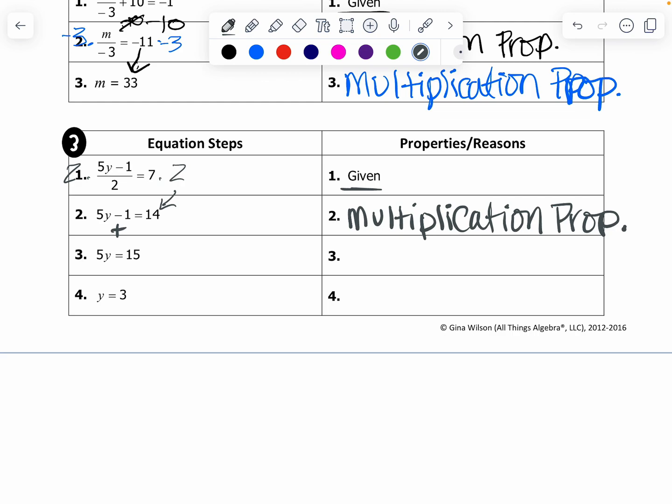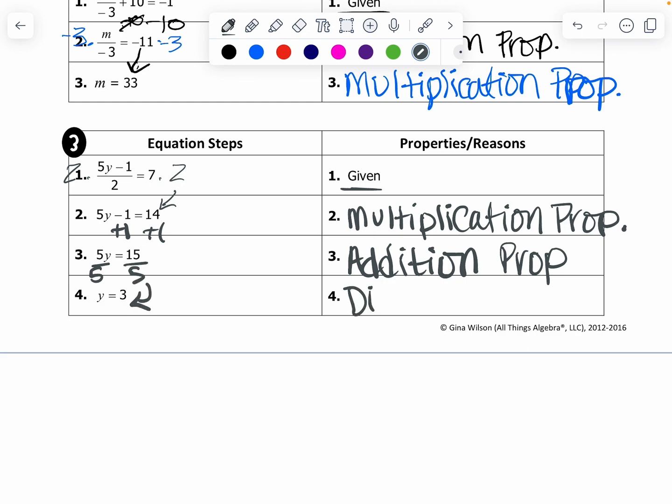Okay, then we are adding 1, so that's going to be the addition property. And dividing by 5, we get y equals 3, so that's the division property. As I said, super simple, just justify your steps by explaining them.